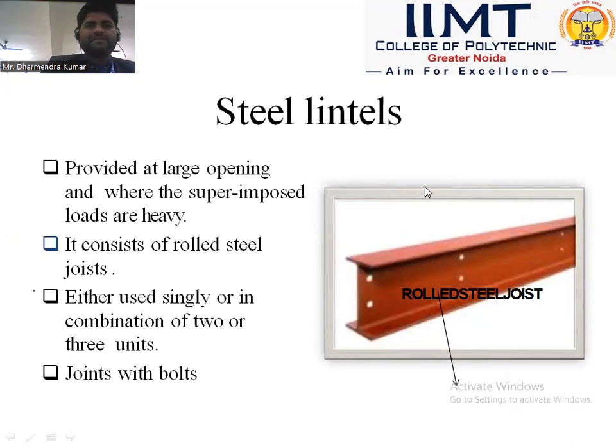And if you need more thickness, we can join two or three rolled steel sections by bolts. You can see the holes, which are made for the bolt and pin.